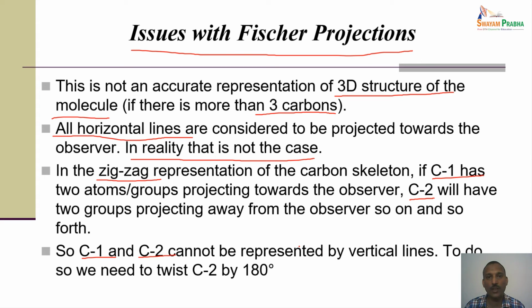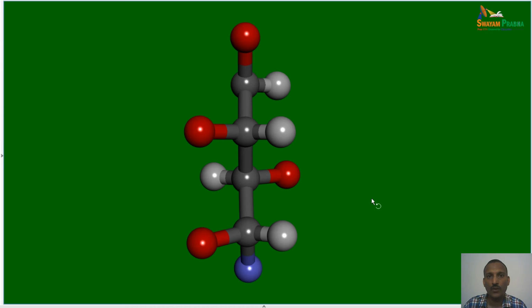Let us look at the three-dimensional representation to understand this problem. Let us look at the limitation of the DL notation, or the Fischer notation. What we saw earlier was that the main vertical line is the straight carbon chain, so we don't have to worry about this right now.